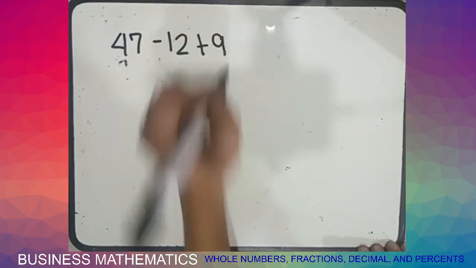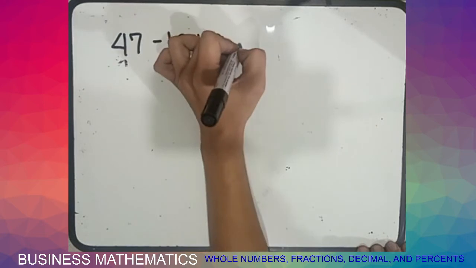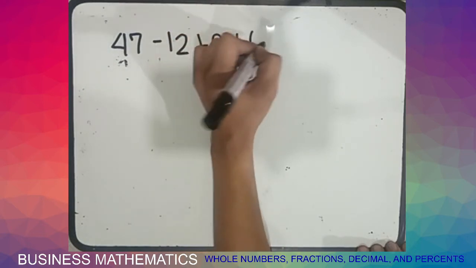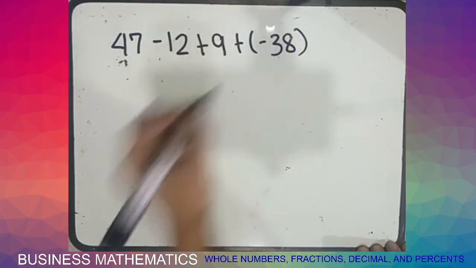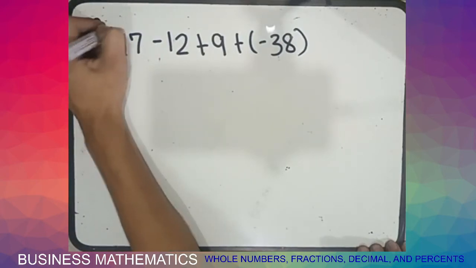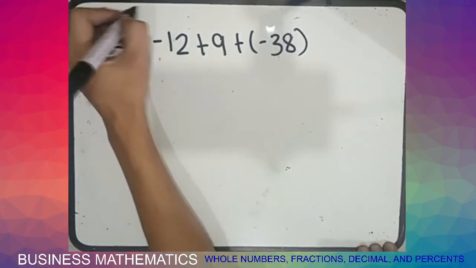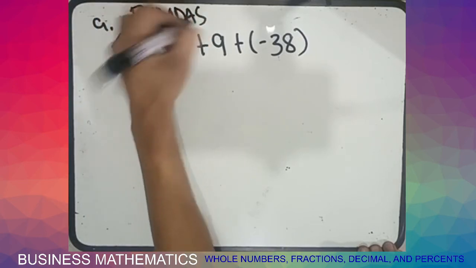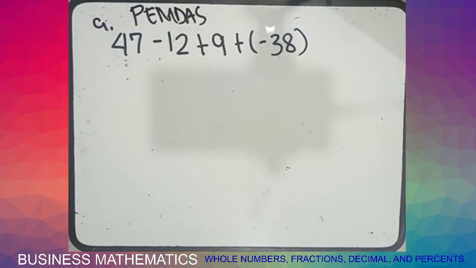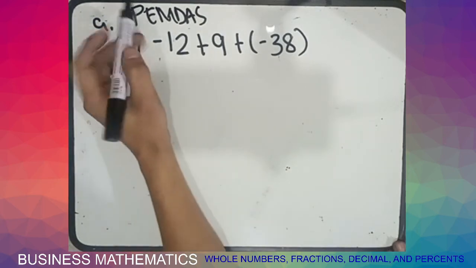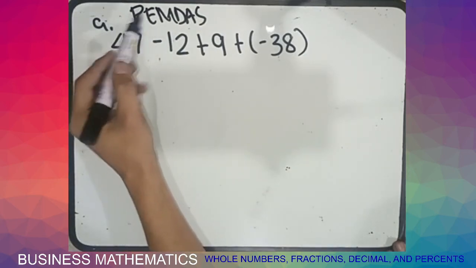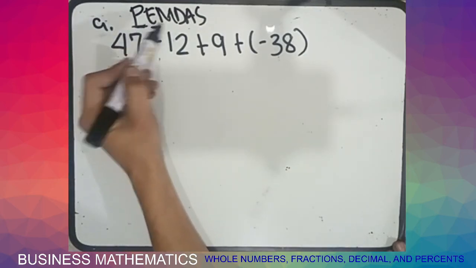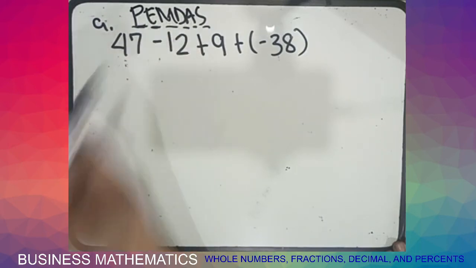Plus 9 plus minus 30. Okay. So, ito yung first example natin. Gagamit tayo ng PEMDAS. Sa PEMDAS, laging unahin natin kung ano yung sa unang listahan: parentheses, exponent, multiplication, division, addition, and subtraction.